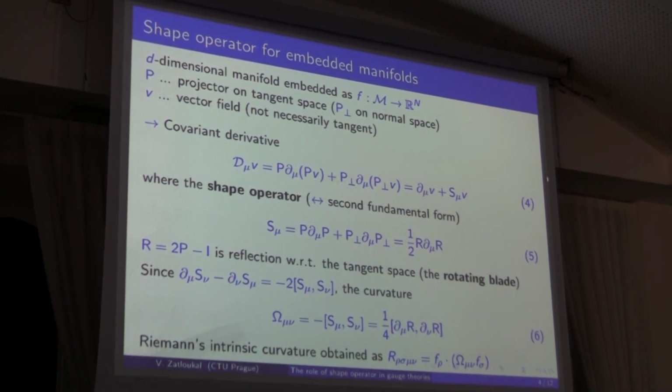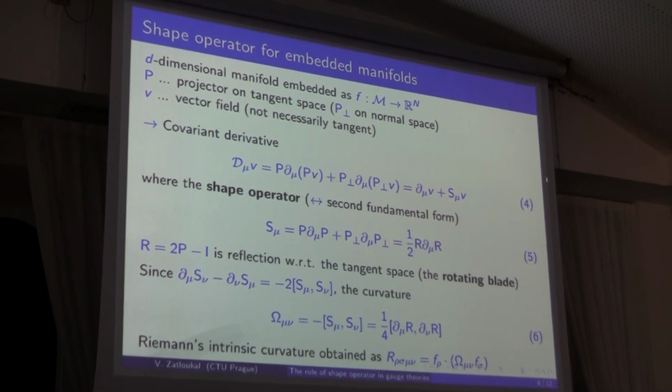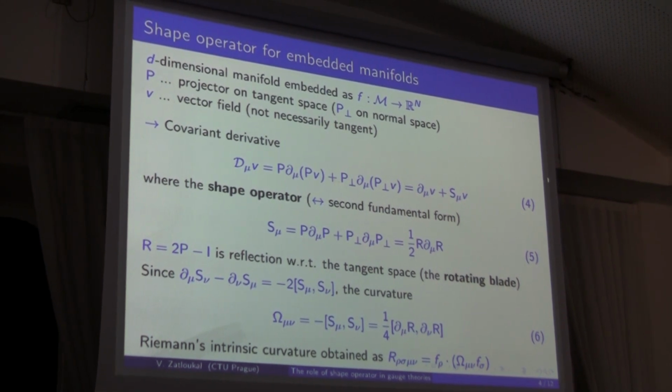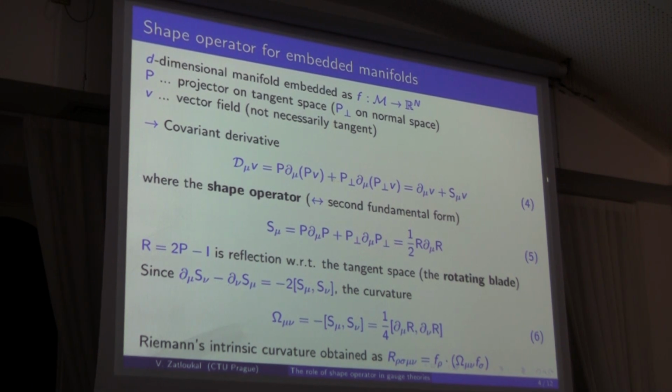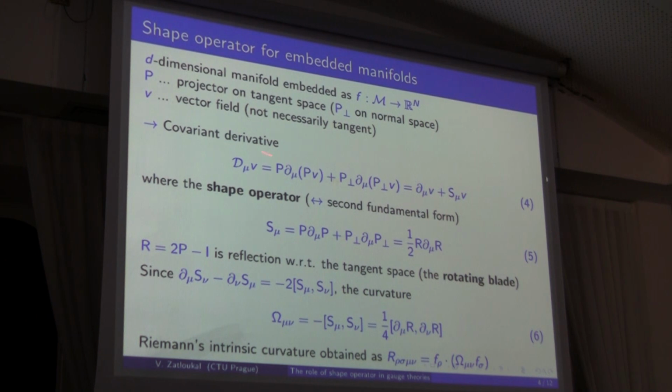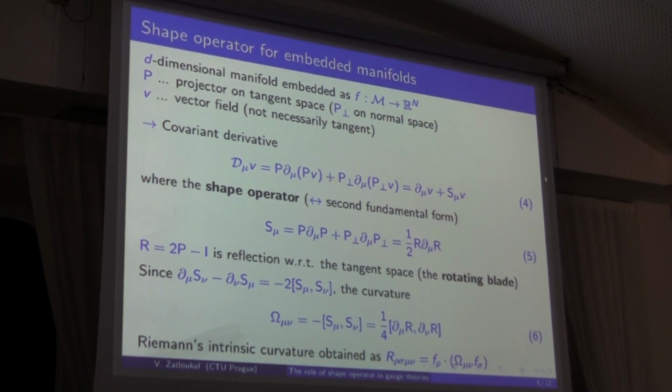And these projectors change as we move along the manifold. And notably, in the standard approach to covariant derivatives on embedded manifolds, one takes a vector field, one differentiates partially, and then projects the result, and one does it for the tangent part and the normal part separately.